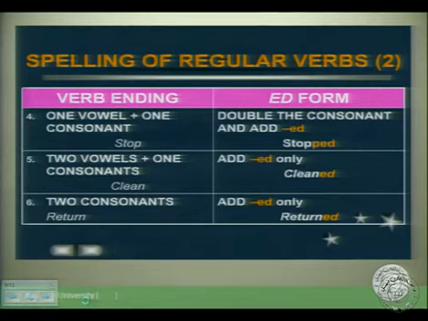One vowel and one consonant, stop, we double the last letter, becomes stopped. We have two vowels, one consonant, clean, we just add ed. Two consonants, return, we add ed, returned.